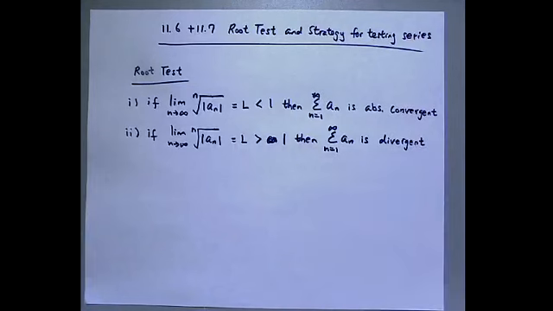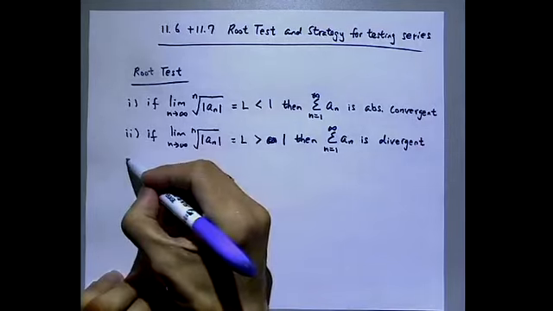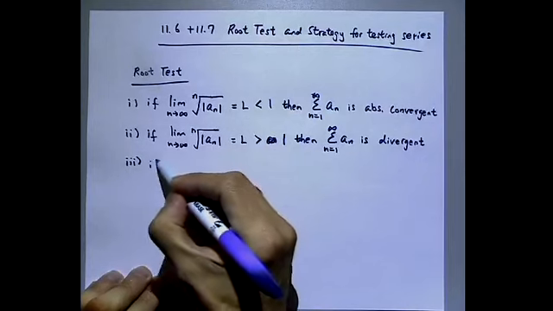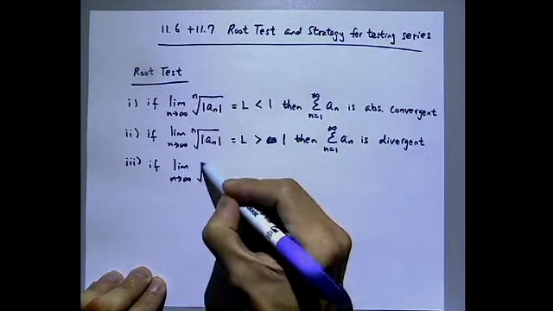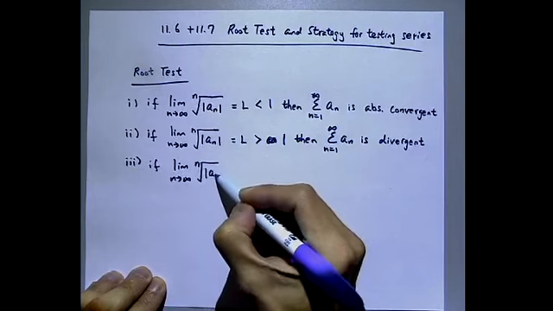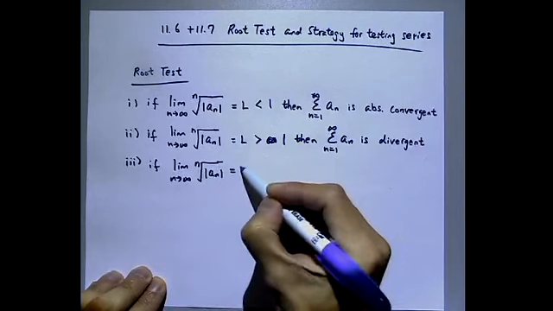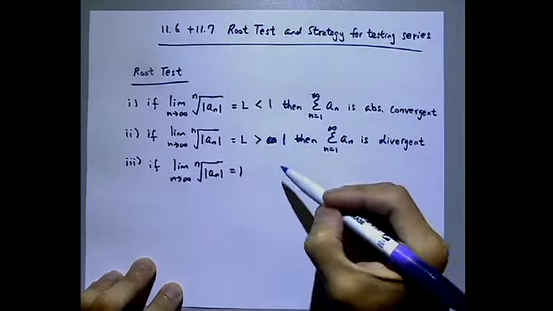So this is just like the ratio test. The ratio less than 1, it is convergent. The ratio greater than 1, it is divergent. And just like the ratio test, if the ratio is exactly equal to 1, then the test is inconclusive.